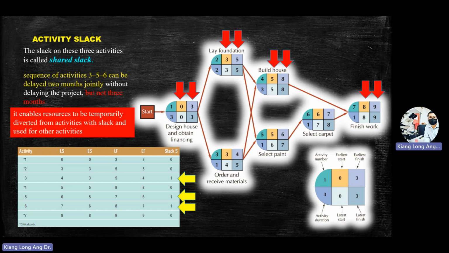Because if one of these you delay 1 month already, you only have 2 months to play around. So just keep in mind that even though on the boxes there is 1 month here, 1 month here, 1 month here, don't assume that you have 3 months.